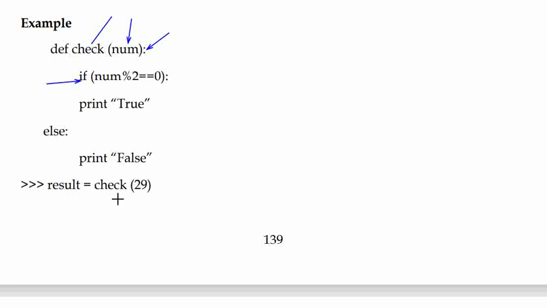result equal to check(29). The check function is called and 29 is passed. Okay, and 29 is divided by 2. The remainder will not be 0, so it will print false. But here it is assigning to result.